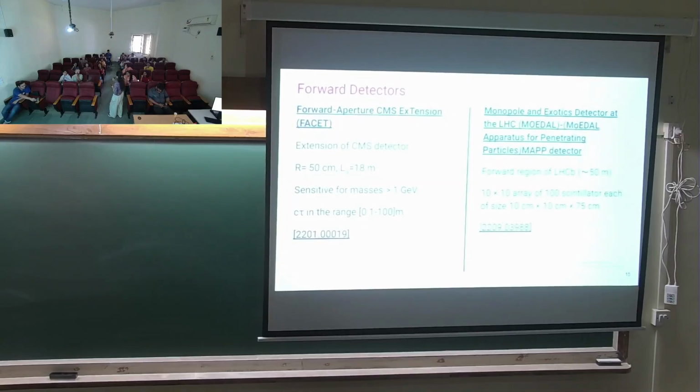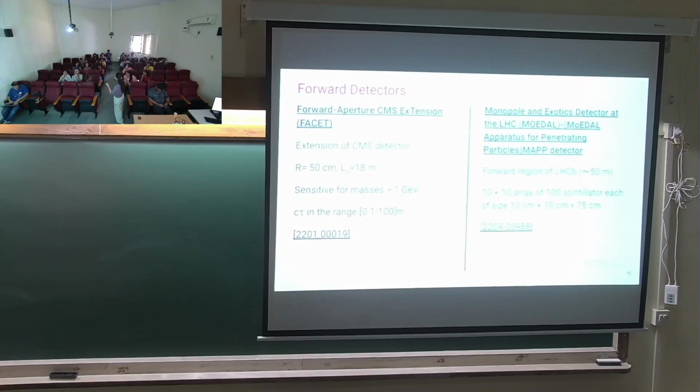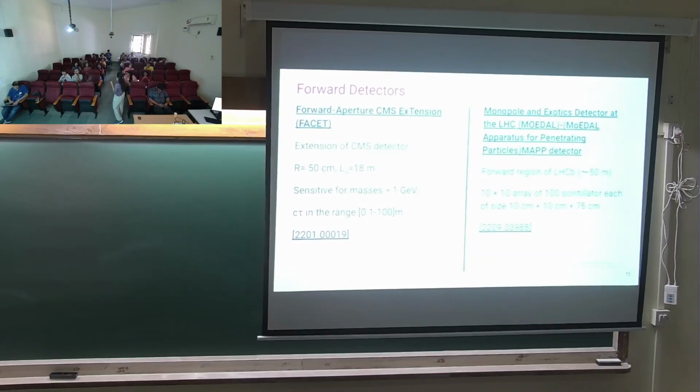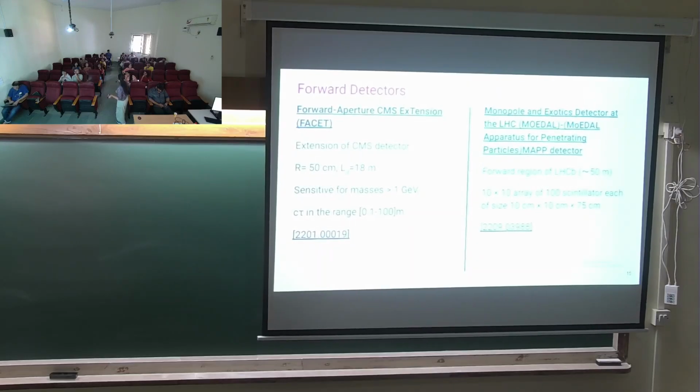For the beta gamma times c tau may be within the range, because c tau is less, right? No, but you can see the c tau is up to only 100 meters. They are saying it will be sensitive for the proper decay length. So I think the beta gamma c tau must be within the dimension of the detector. It's within the 80 meters starting from 101 to 119. But I'm not very sure why it's greater than 1 GeV.